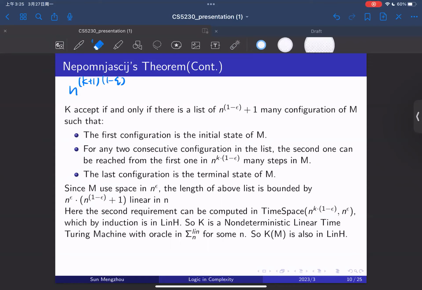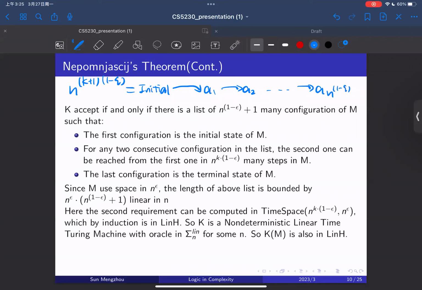So we can write it as, we start with the initial configuration, and then A1, A2, up to A_(n^(1 minus epsilon)), maybe plus 1.